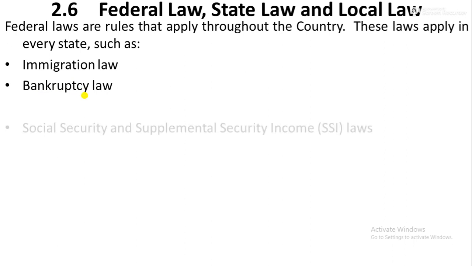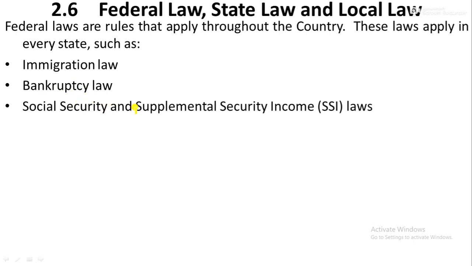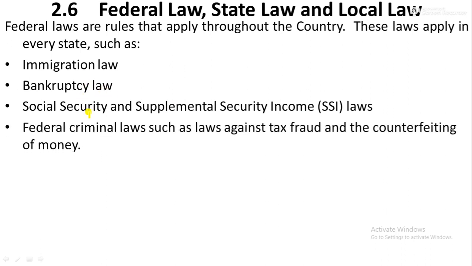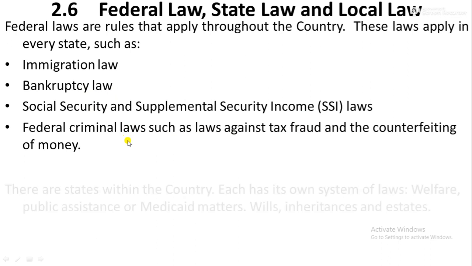These are federal laws. Social security, supplemental security income laws, social security laws, and labor laws are also federal laws. Federal criminal laws, such as laws against tax fraud and counterfeiting of money, all criminal activities also fall under federal law in Nepal.